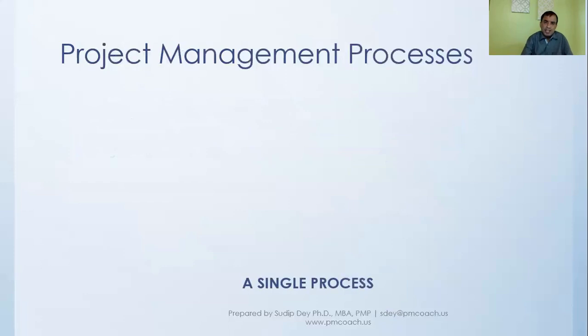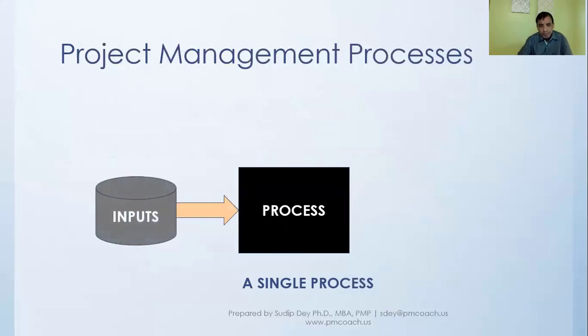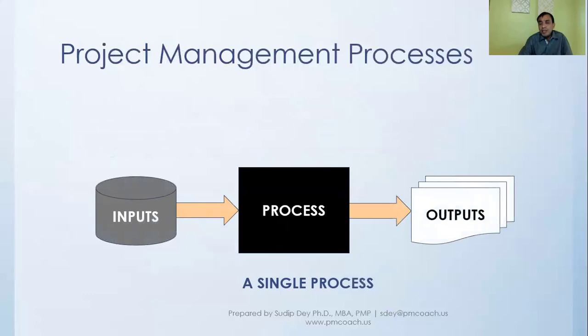Now let's look at these processes more closely. First, let's look at a single process. A single process will have inputs to it. And once these inputs go into the process, it will generate an output, like any process box.